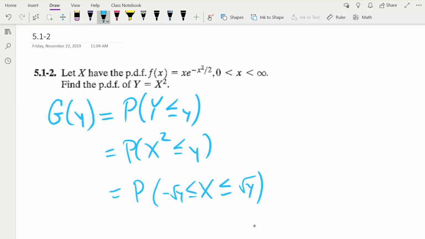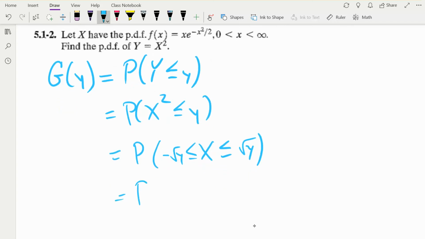We agree? Okay. Now, in general, this is the kind of thing we'll have to worry about later, but do I really need to worry about this side? No. Why not? There's x's. Yeah, x is always positive here, correct? So I really don't need to worry about this part. So really, this is the same thing as the probability that x is less than or equal to the square root of y.